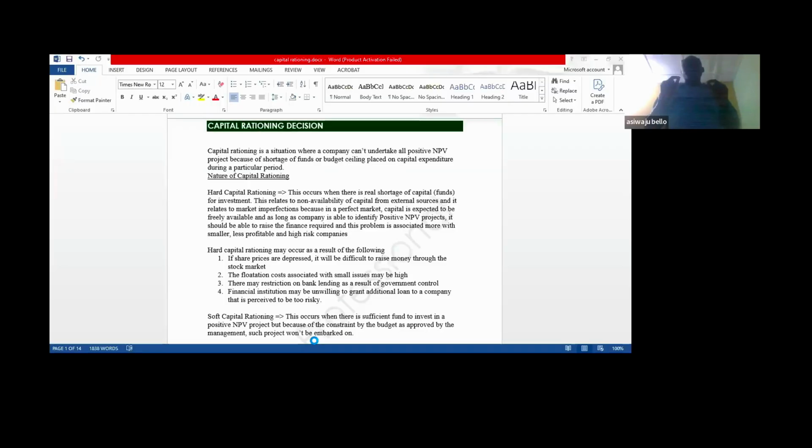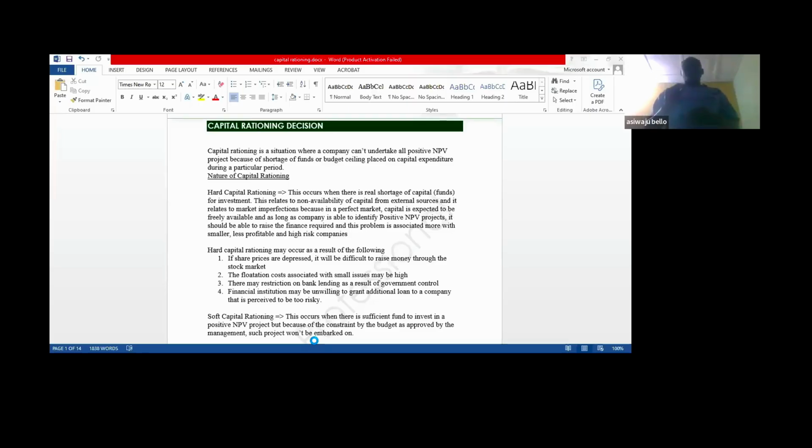We continue with the class. We said hard capital rationing is a result of market imperfection. Because in a perfect market, capital is expected to be available freely.